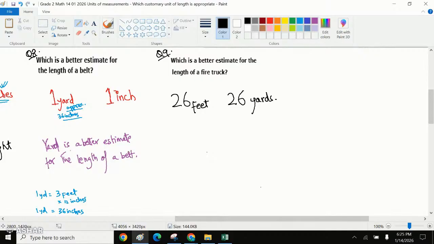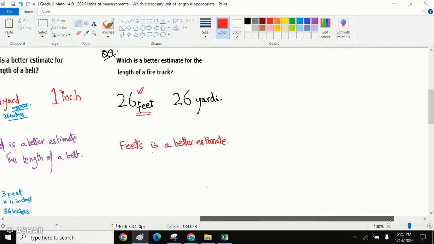So what we can say is, which is a better estimate? Yards or feet in this case? Yes, May. Thank you so much. 26 feet. So we say feet is a better estimate, right? For finding the length of a fire truck.